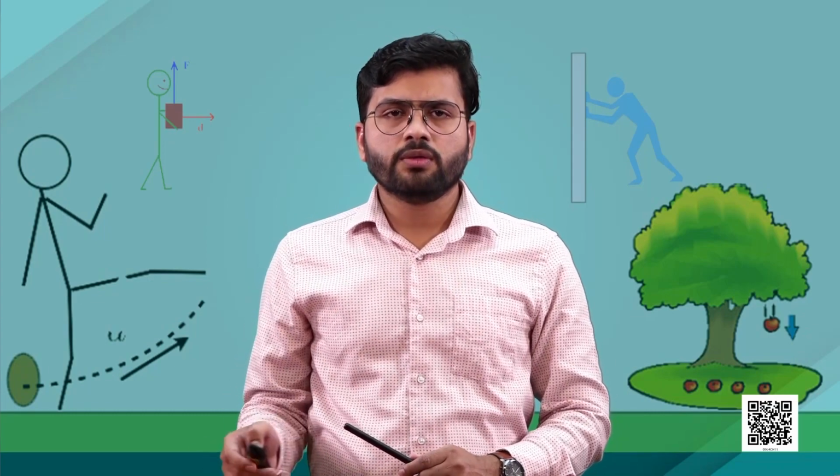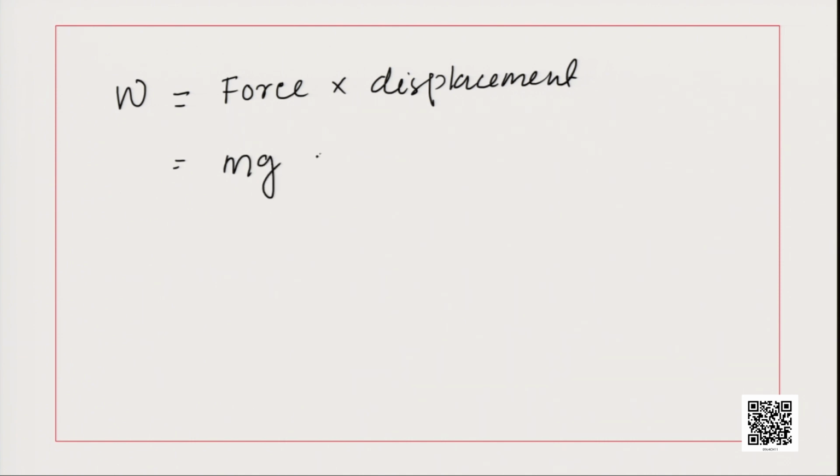Let us have a look. Work done w is equal to force multiplied by displacement. The force required to lift that object from the ground to the height h is nothing but mg, and the displacement is the height h itself, from the table or from the ground to that particular height.